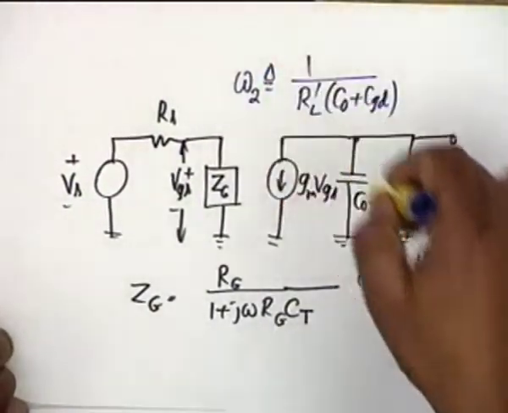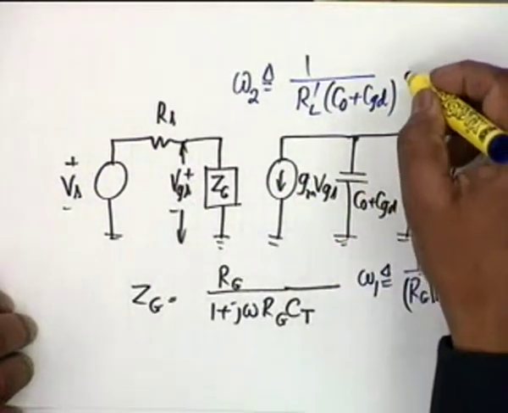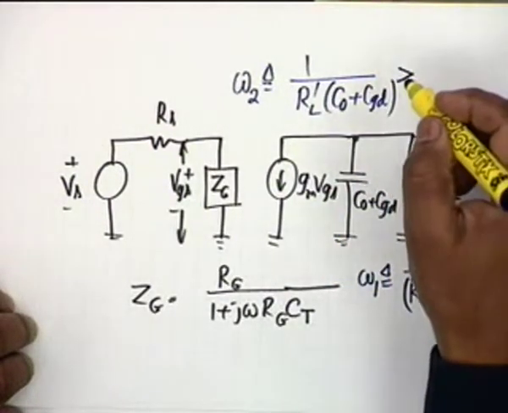If we define these two cutoff frequencies, then omega 2 would be much greater.